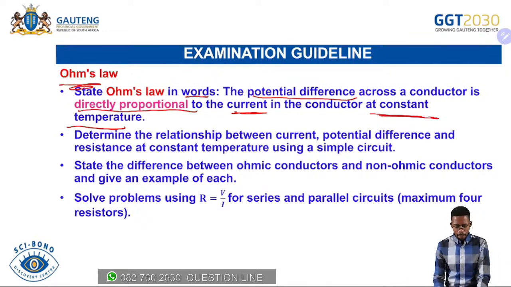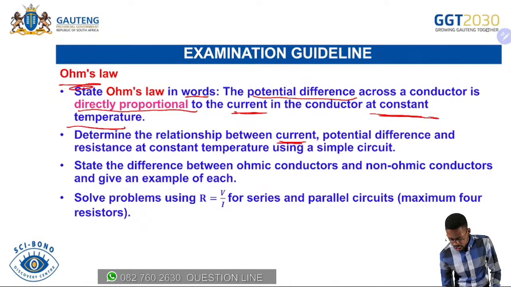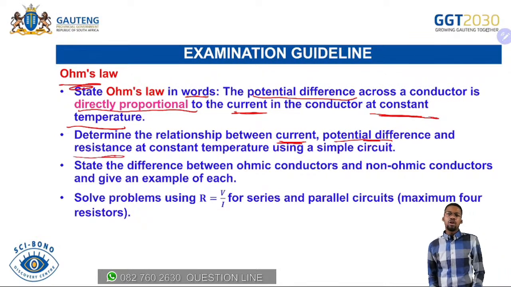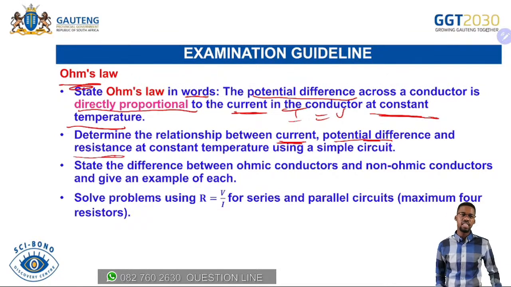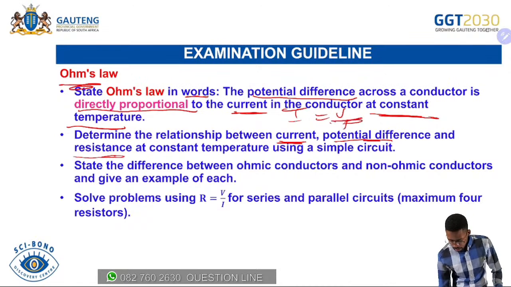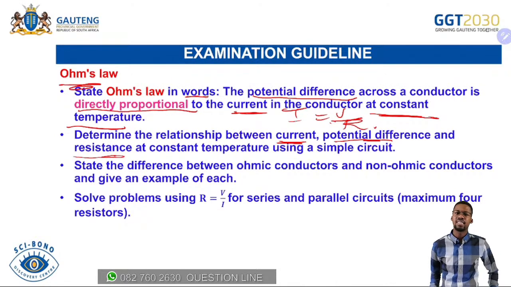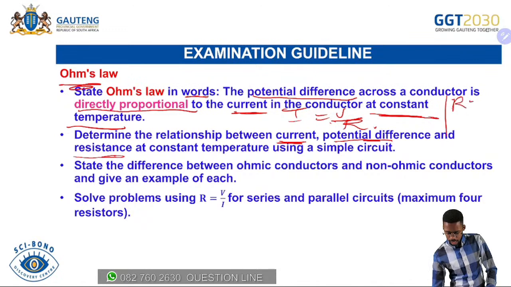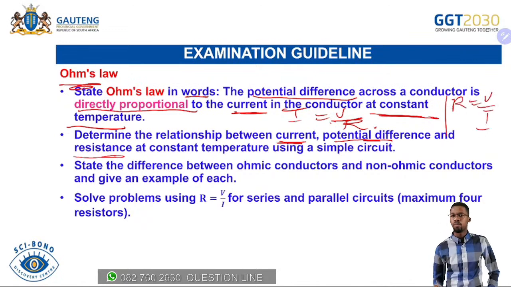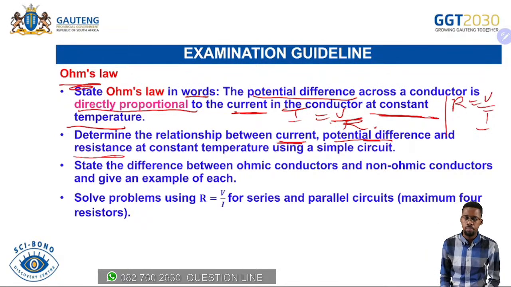Then it says, determine the relationship. Ohm's law tells us about the relationship between current, potential difference, and resistance. The current is directly proportional to the potential difference, divided by resistance at constant temperature. It can also be written as R equals V over I, depending on the experiment that will be conducted.